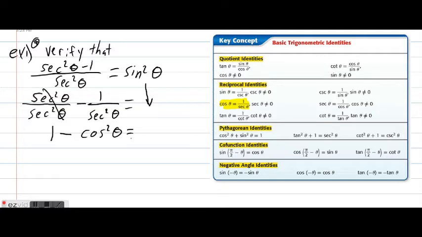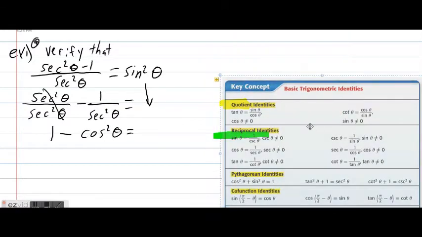And again, I'm still trying to make sure it equals sine squared. Now I'm seeing 1 minus cosine squared of theta, and I see that trig identity. Let me move this out of the way for a second.